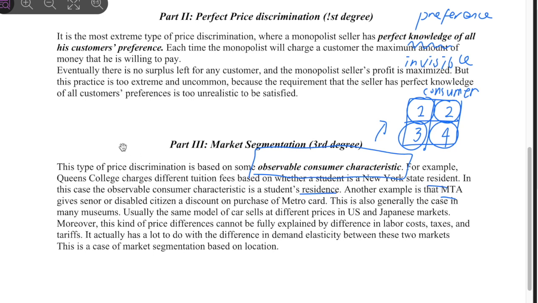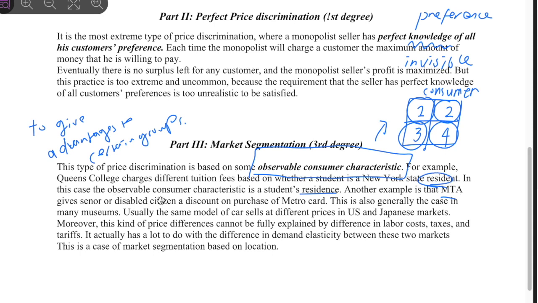So what is the goal of this discrimination? It is to give advantages to certain groups, right? So here, we give advantages to state residents.